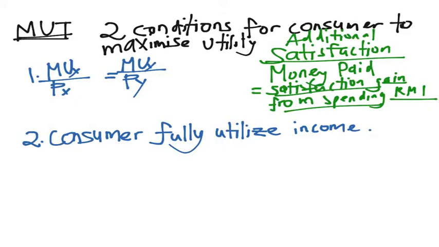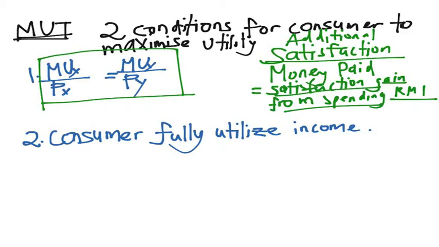Okay, the satisfaction that you gain from each ringgit you spend. Clear right now? Okay, so this formula means that the consumer will maximize satisfaction when the additional satisfaction that the consumer gains from spending each ringgit is equal to that of the other product.